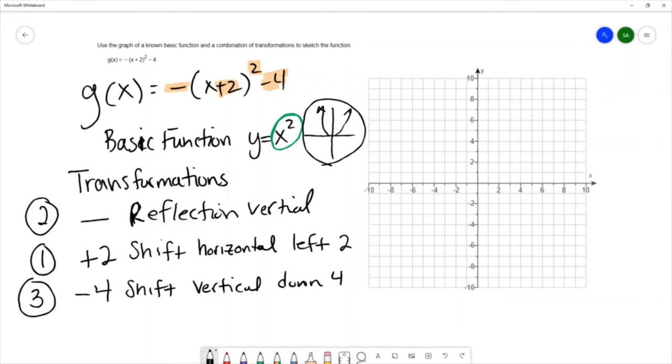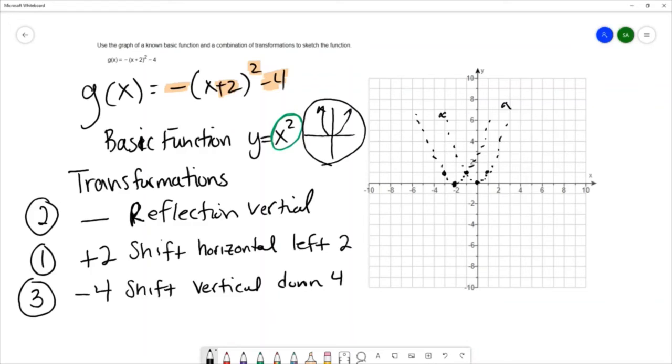Our basic function starts off looking like this. It's a parabola with a vertex at 0, 0. Then we're going to shift all of these points to the left 2, so our whole parabola is shifted left 2.